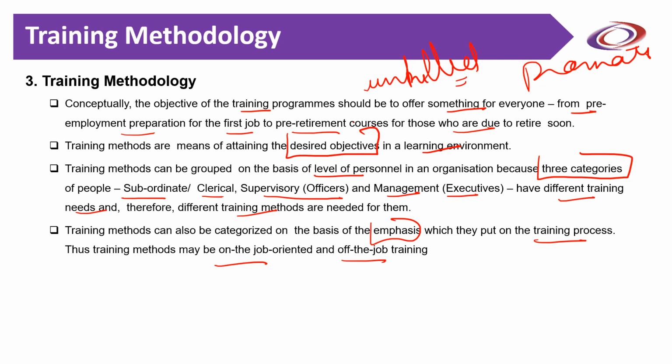Next is the special projects. As the name suggests, a training executive is assigned a special project that involves heavy responsibility. So herein the trainee is expected to study the project, understand the problem issues, and prescribe appropriate solutions, also make recommendations on the viability of the project.